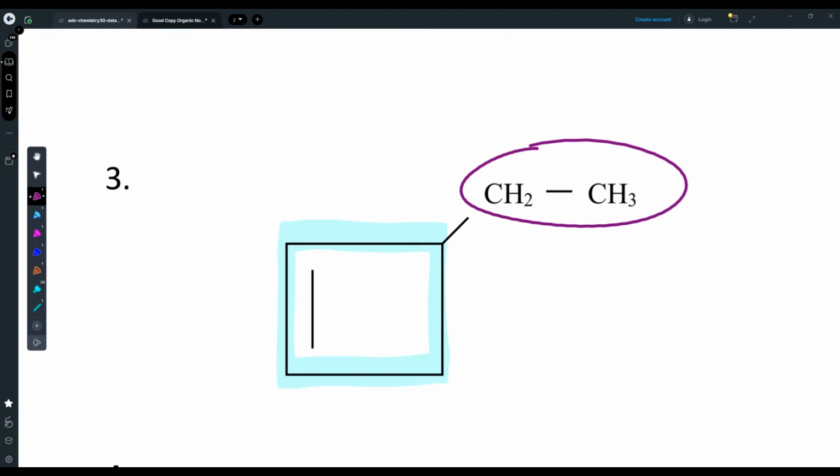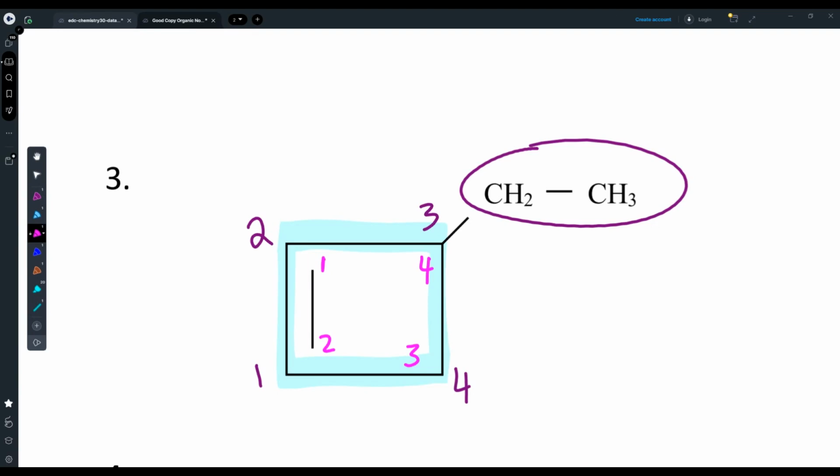Because the double bond has to be in between carbon 1 and 2, our options are we could do 1, 2, 3, 4, or we could go 1, 2, 3, 4.